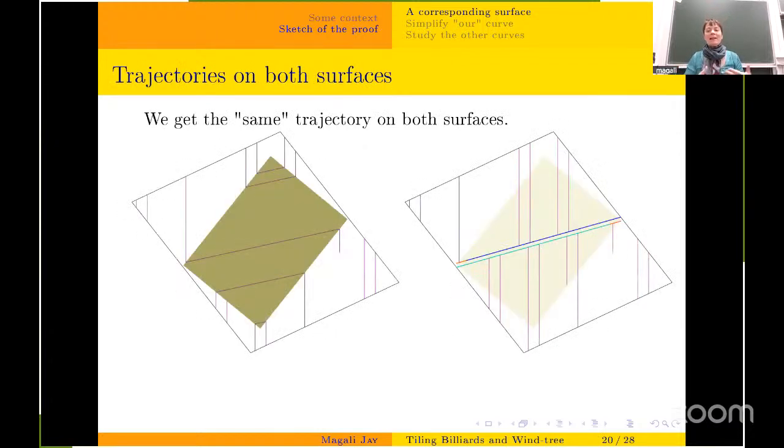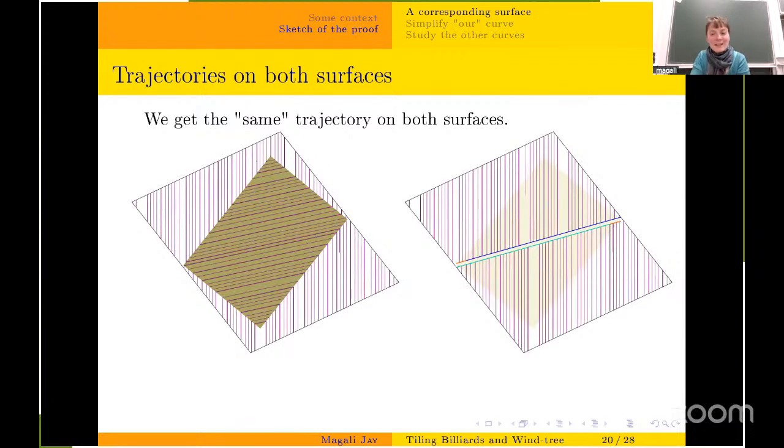Okay, and in these 2 tori, the first torus with the obstacle and the torus with the slit, if we look at the trajectory outside of the rectangle, they are the same. Of course, I've made the slits so that they are the same. So like that, and if we take a longer trajectory, it's not the same.